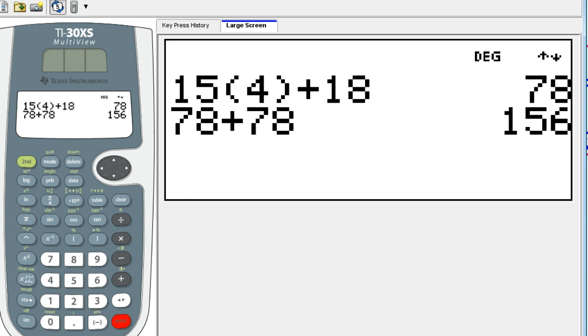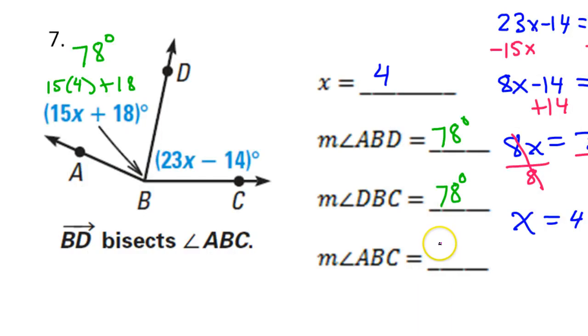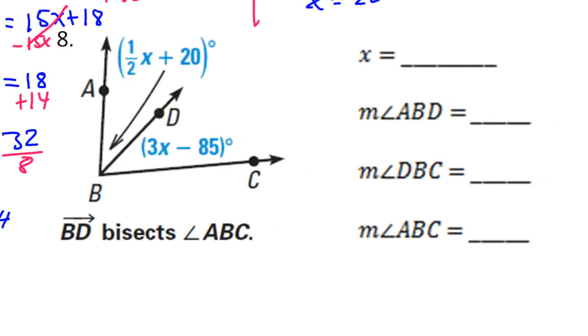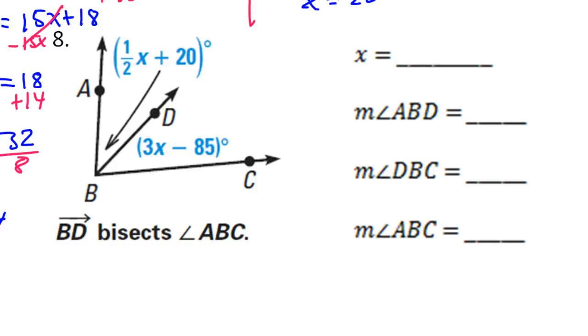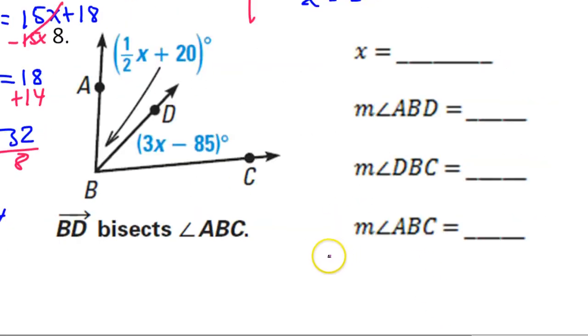Okay, so that's 156. Alright, I'm going to do one more problem on this video, and then I'm going to stop this video, call it part 1, and then I'll pick up part 2 with some more problems from the back of this page.